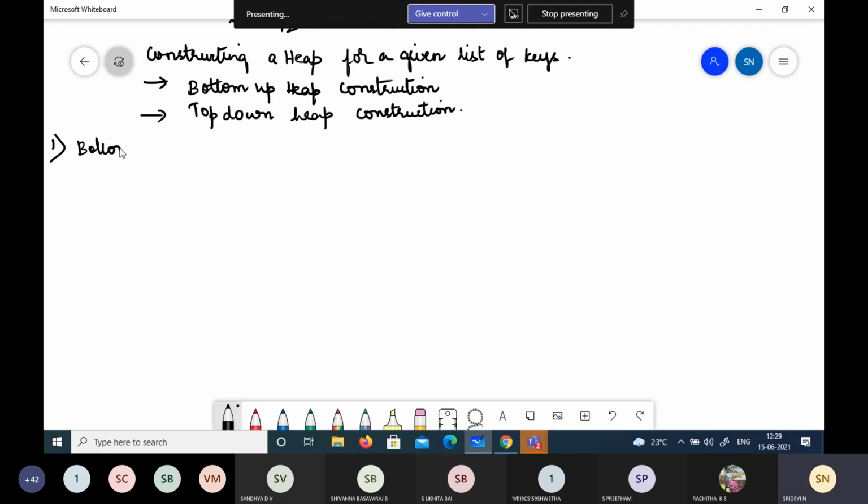So let's consider this bottom up heap construction algorithm. So what are the steps in this? Given the list of keys, listen carefully to whatever I'm telling. Given a set of elements, we initialize the binary tree with n nodes by placing the keys in whatever order they are given.